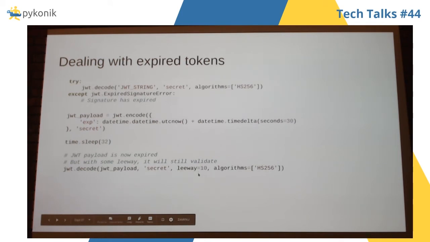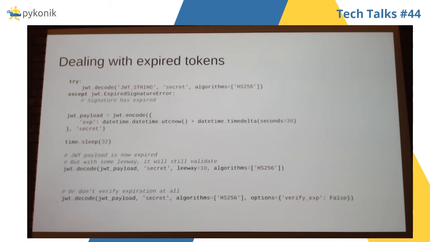It will mean that JWT decode will accept an expired signature if it's within some range of expiration. So, for example, if it expired 40 seconds ago and leeway is set to 30 seconds, it won't accept, but at 32 seconds, it's fine. So you can set that leeway, that small window, for example for renewing the tokens, or just to take into consideration some network latency.